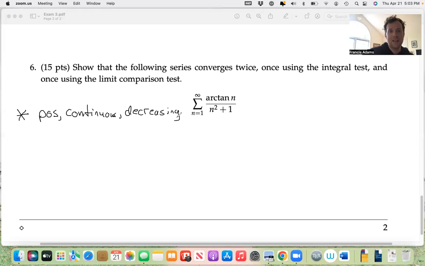So it's not clear that this is, so it's not 1 over an increasing function. So you'd have to check the derivative is less than 0. But the main part is this actually is a function that we can integrate.